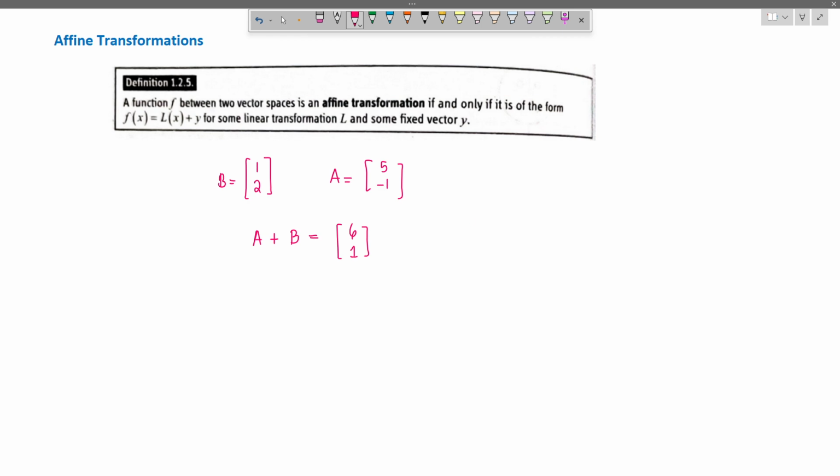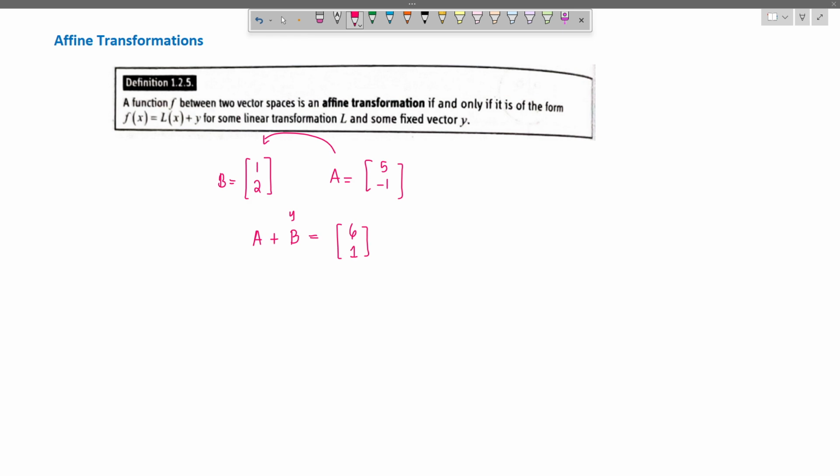Our original vector is A, and then we are adding the fixed vector B. This is like the y in the definition. Originally we have (5, negative 1), so now that's going to be shifted.